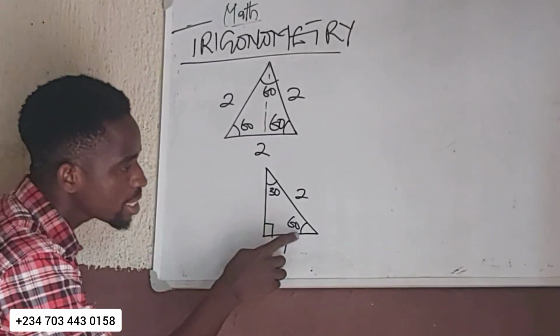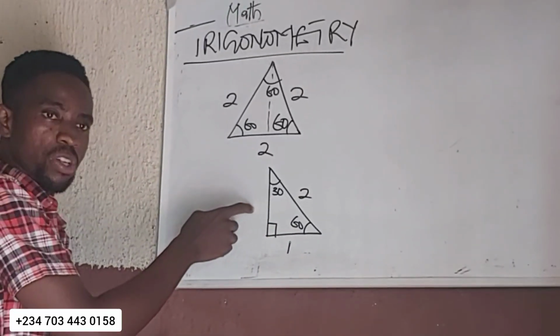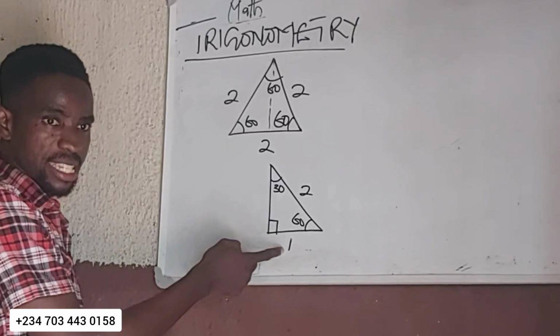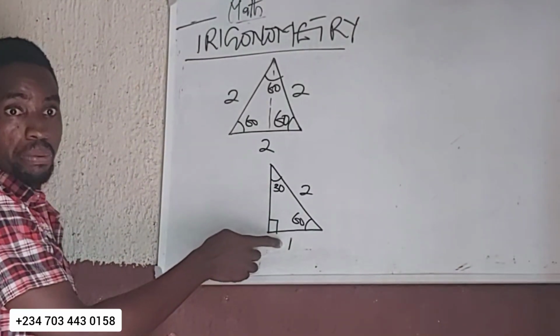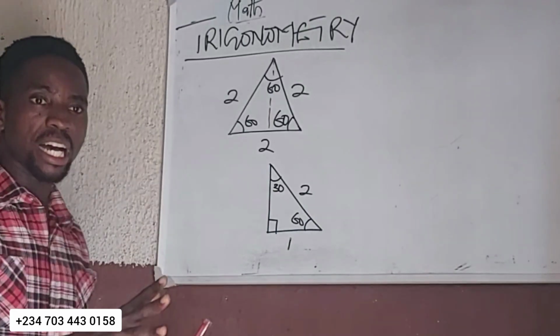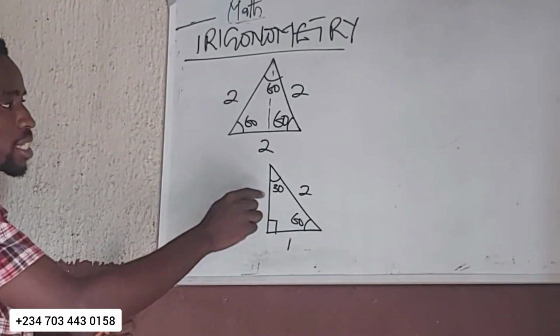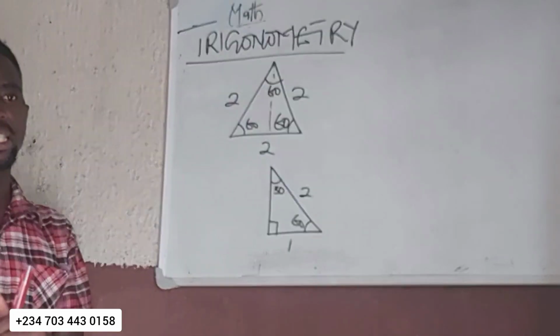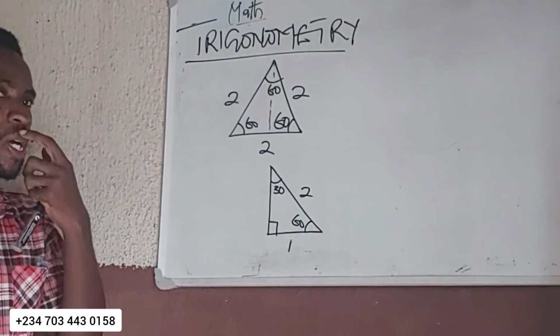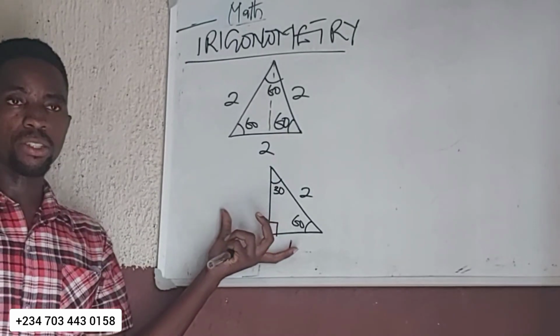If I'm considering this angle 60, here becomes my opposite and here is my adjacent. If I'm considering this angle 30 degrees, then here is my opposite and here is my adjacent. Once we switch the angle of consideration, the opposite changes and the adjacent changes as well.